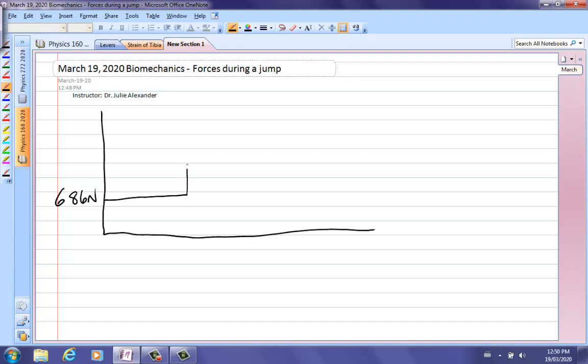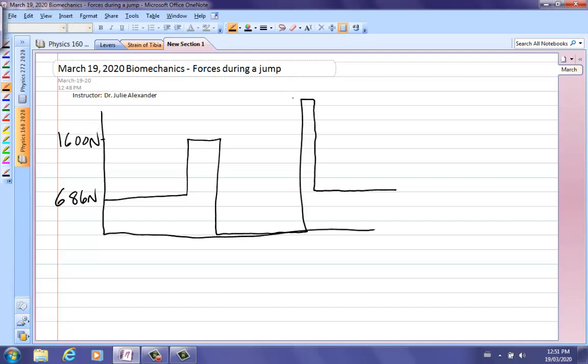And then it jumps down to 0, and then a sharp, short peak after that, and then back to the 686. So the first peak here, I think I had 1600 newtons, and the second peak, 2100 newtons.